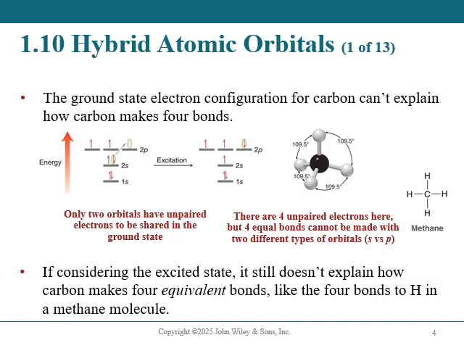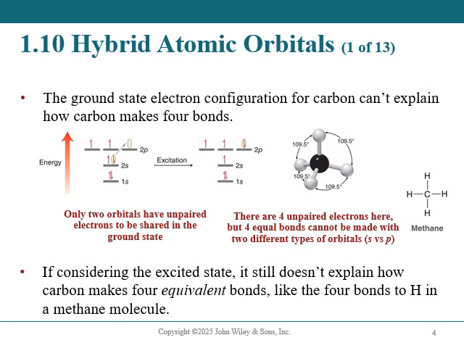Now let's talk a little bit about hybrid atomic orbitals. When you look at simple molecules such as methane, for instance, you notice that the ground state electron configuration for that carbon atom can't really explain how carbon makes 4 bonds. These are 4 bonds, same length, same energy. But if you look at the orbitals associated with carbon, you have your 1s, your 2s, and your 2p.